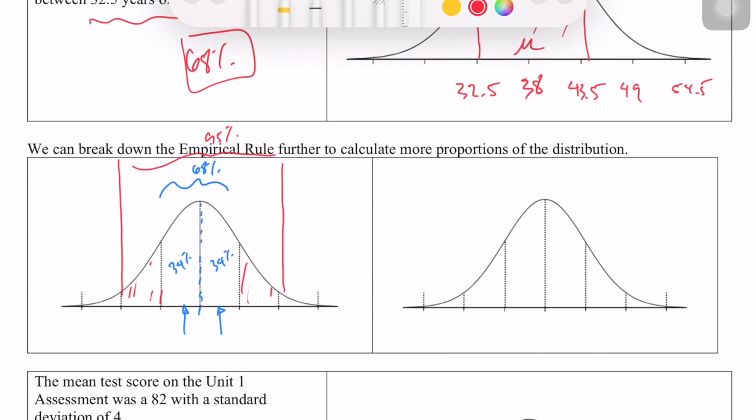And that's easy. 95 minus 68 gives me 27. And I have not 1 piece, but 2 pieces. So I have to divide that by 2, which is kind of cheating, I guess. Divide that by 2, that's 13.5%?